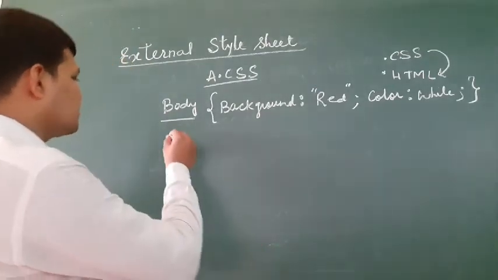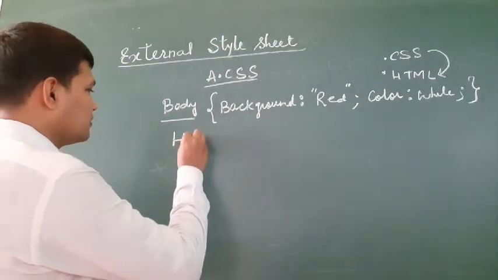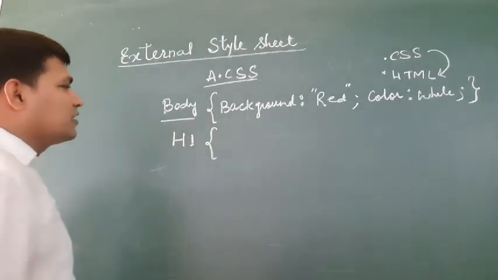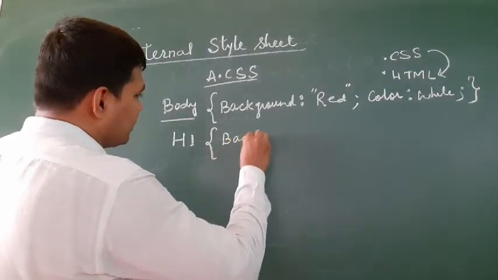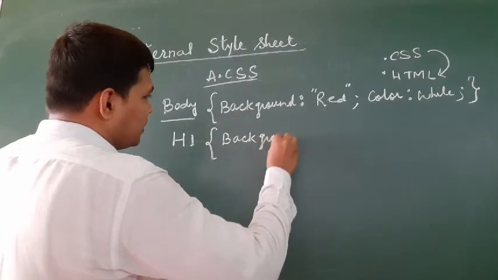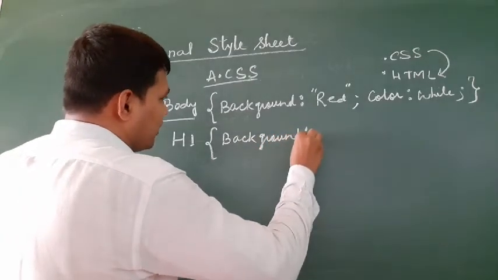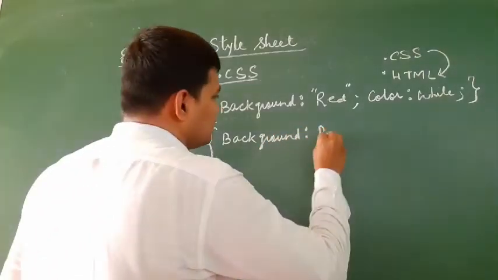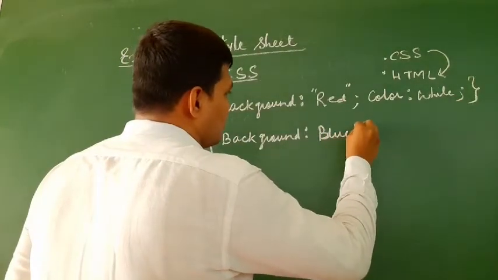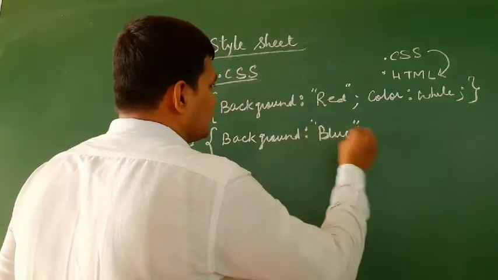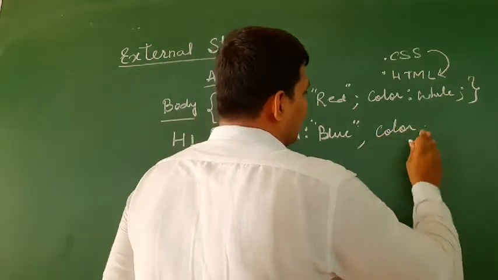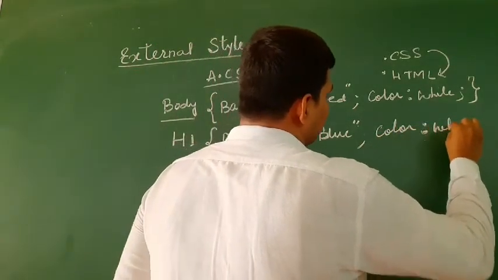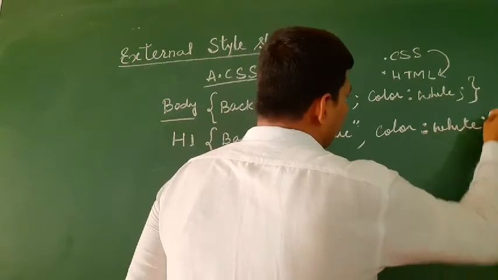and my second selector is H1. In the H1, we use the same property, background. In the H1, the background will be blue, and the color of the text will be white.